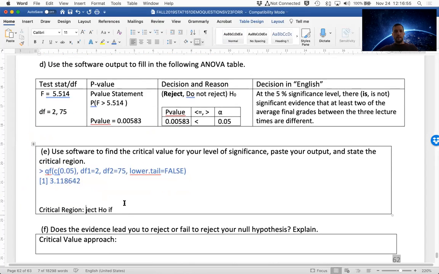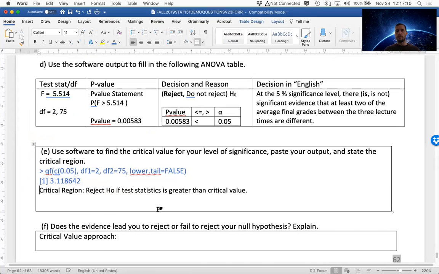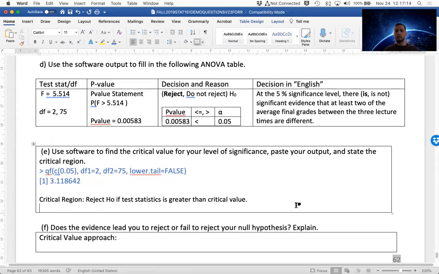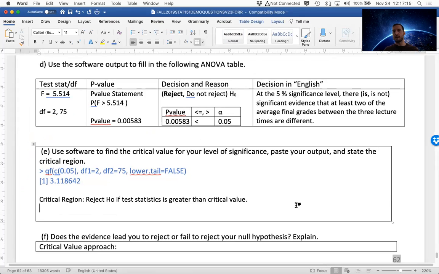Based off of this, we can reject H0 if the test statistic is greater than the critical value. One of the nice things about an ANOVA is that we don't have the concept of being two-sided or one-sided, so we can always use the exact same rule.